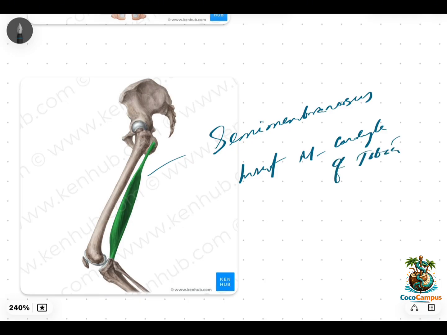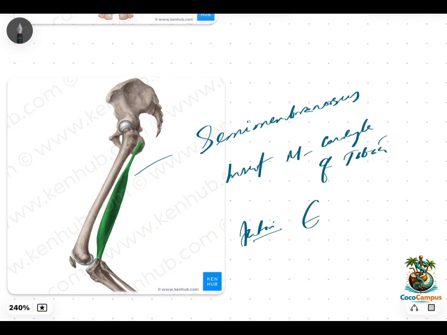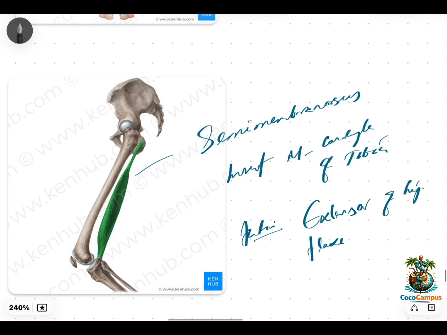What do they do? What's their action? The action is quite simple. They are the extensors of the hip and flexors of the knee. So, hip extension, knee flexion. Simple, right?